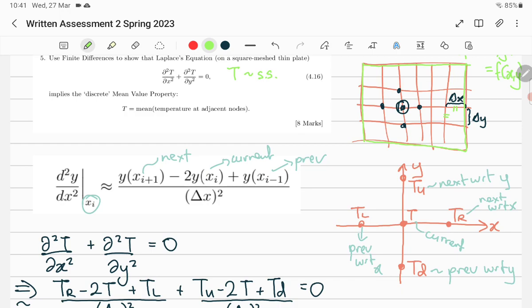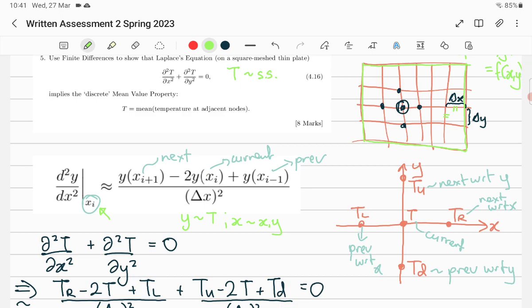And the finite differences formula that will be on the exam paper is given here on the left. This says that the second derivative at a point is approximated by this. So y of x_{i+1} means the next value of the function. Now the function for us here, the role of y is being played by temperature, but the role of x is being played by both x and y separately, because we have two second derivatives.